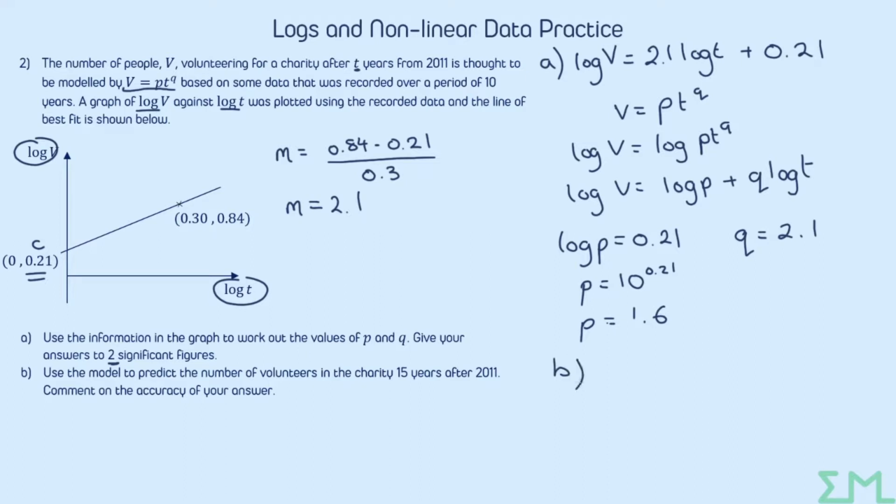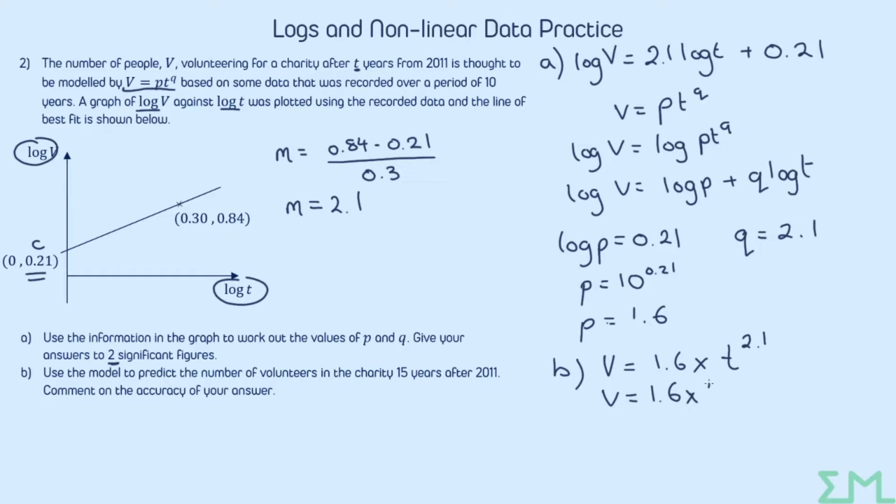Use the model to predict the number of volunteers in the charity 15 years after 2011. So I'll write my model down. V equals 1.6 times T to the 2.1. Now we can put our number in. So it's 15 years. So this was T years from 2011.